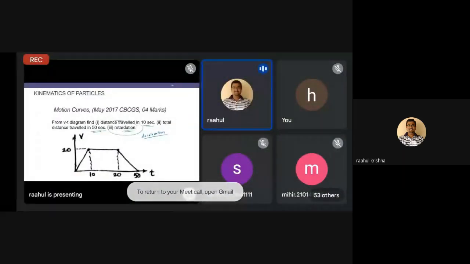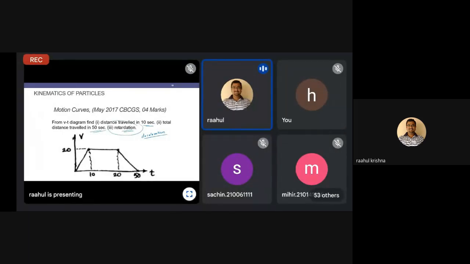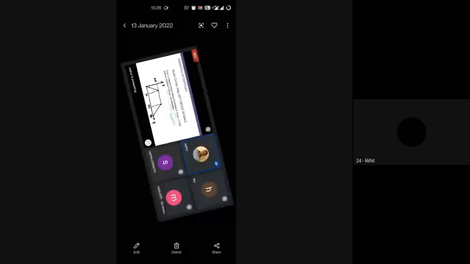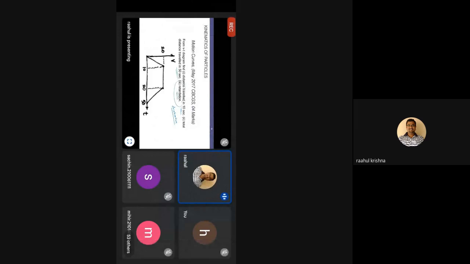Yeah, fine, that should be fine. So in the region between 0 to 10, my particle is accelerating, right? And what is the nature of my velocity time graph between 0 and 10?